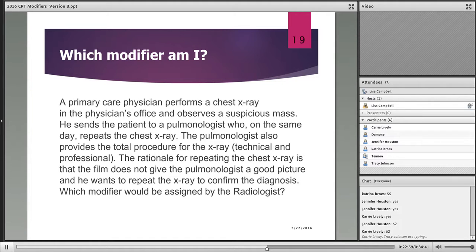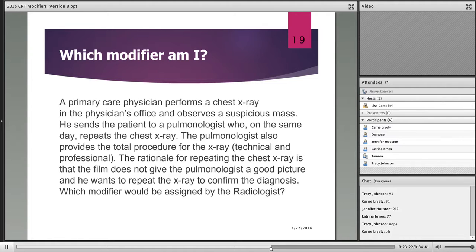So which modifier would be assigned by the radiologist? And FYI, 91 is for laboratory tests. Here you have two chest x-rays, and 77 is correct. So 91 is for laboratory tests, not like x-rays, etc.